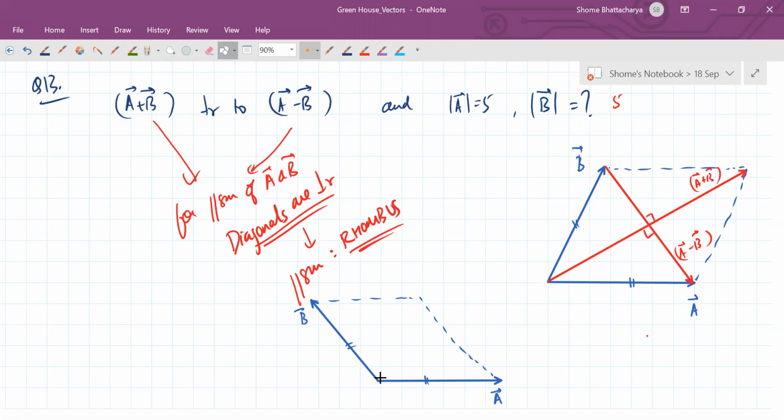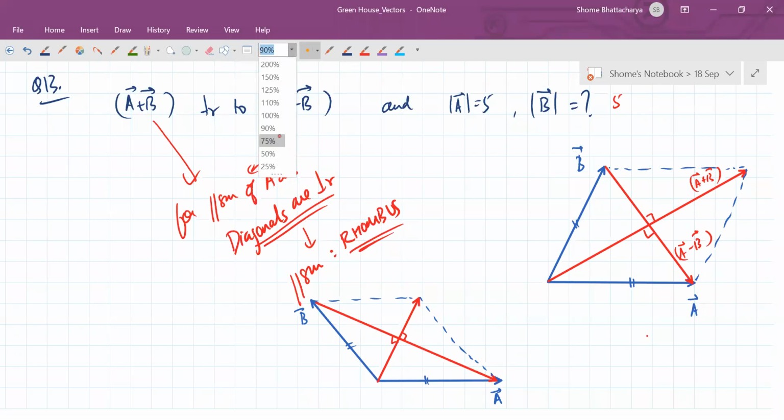So this is the easiest way of doing this question. If you can relate it geometrically to this situation, that rhombus is the special case of parallelogram which has this property. The diagonals are perpendicular.